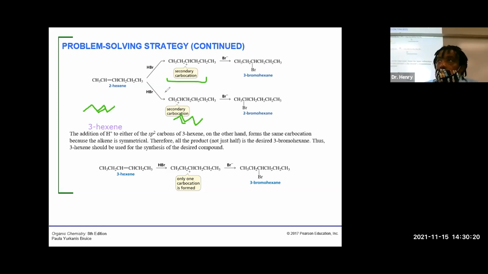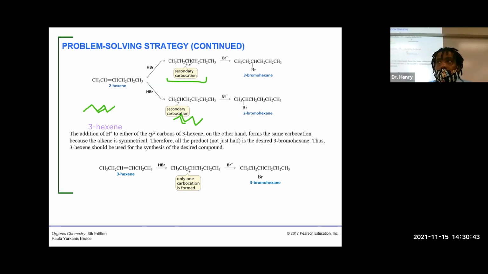Alternatively, we could have it added on to our 2nd carbon. So you're going to have both of these possibilities happening, with a percentage favoring one over the other. Typically, this is favored.